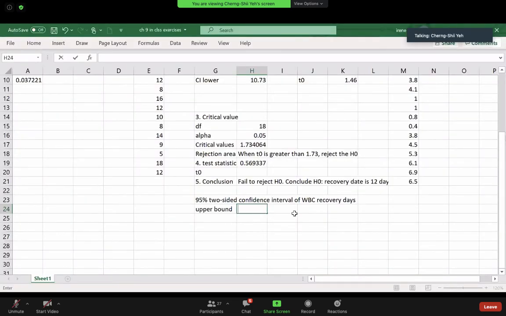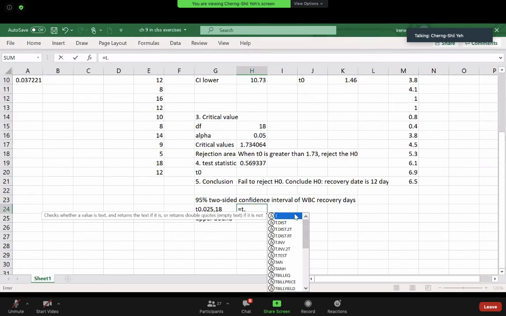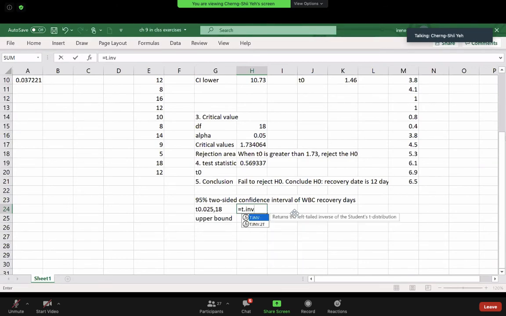Okay, so before I go to the upper bound, I think it'll be better to establish our one-sided t-value one more time. Okay, so my t 0.025, sample size minus 1, 18. Let's derive that value. Here we're going to return a t-value given a probability. We have the probability, returns the t-value. So again, we're going to use the T.INV function.